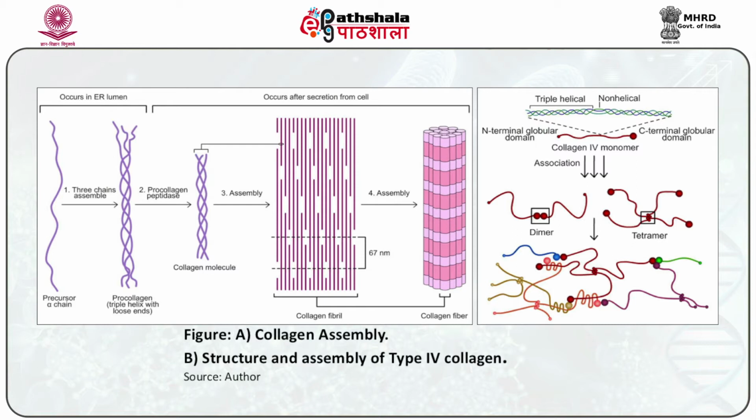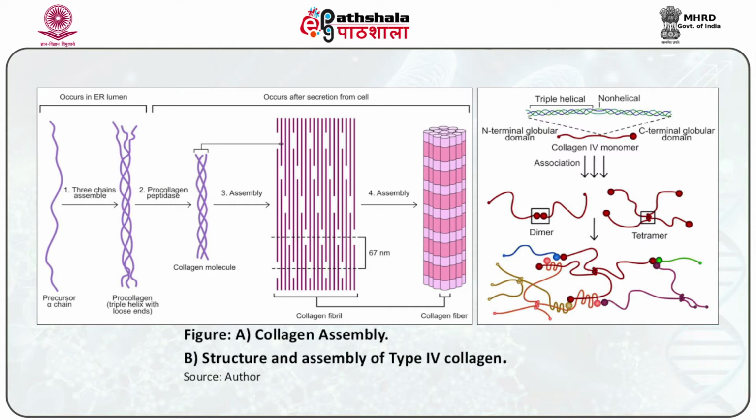On the other hand, the structure of type 4 collagen comprises a small non-collagenous globular domain at the N terminus and a large globular domain at the C terminus. The non-helical segments, which introduce flexible kinks, interrupt the collagenous triple helix.